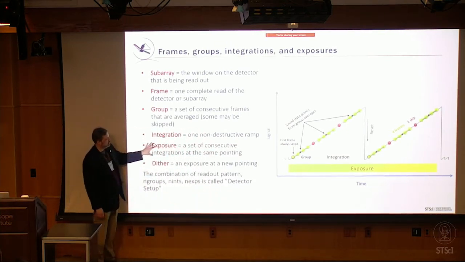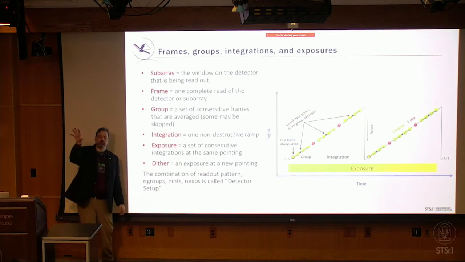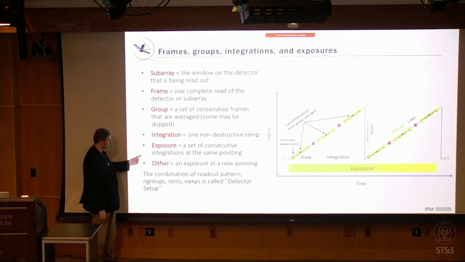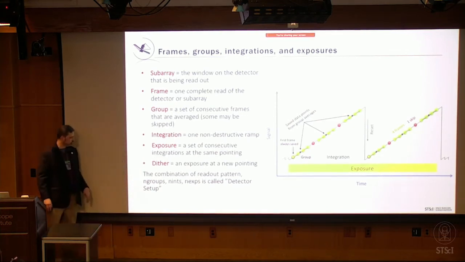In terms of the exposure time calculator, the difference here is that it assumes that a single exposure doesn't move the telescope. You don't do a dither or anything. You sit on the same part of the sky. And so you can have an exposure, you can dither, you can offset, and then you can do another exposure. So dither is something that moves the telescope.